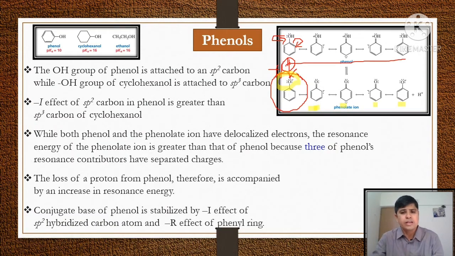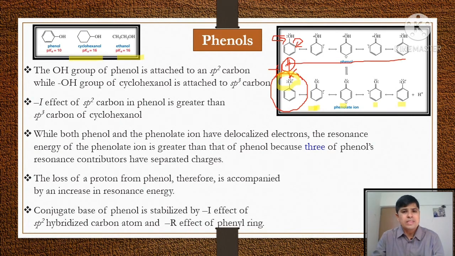So the conjugate base of phenol is well stabilized. Its negative charge is well delocalized into the aromatic ring, isn't it? Hence we can say that phenol is more acidic than cyclohexanol or ethyl alcohol, isn't it?